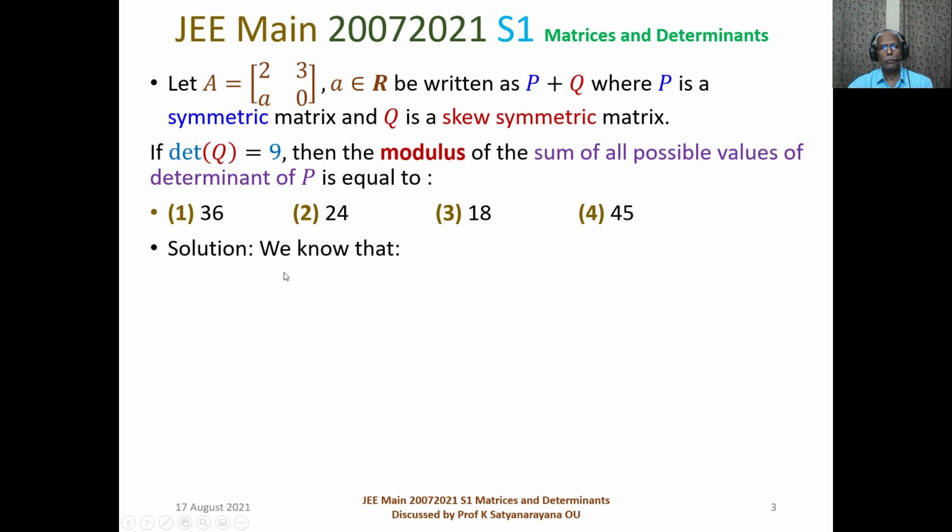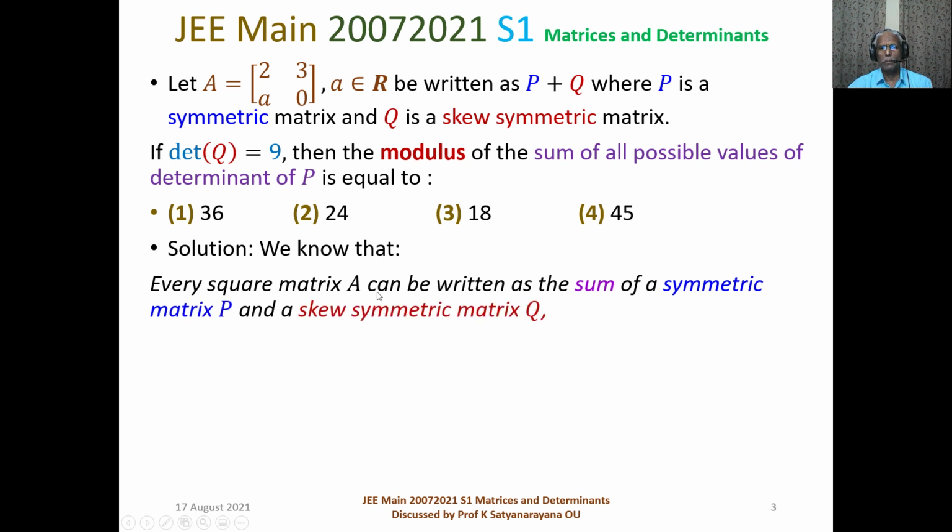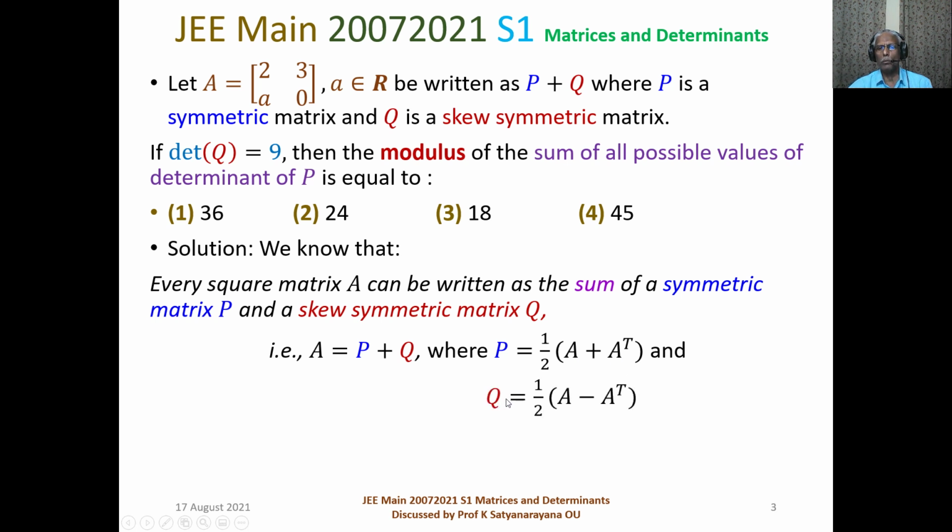Solution. We know the following result: every square matrix A can be written as the sum of a symmetric matrix P and a skew symmetric matrix Q, that is A equals P plus Q, where P is equal to 1/2 times A plus A transpose and Q is equal to 1/2 times A minus A transpose.